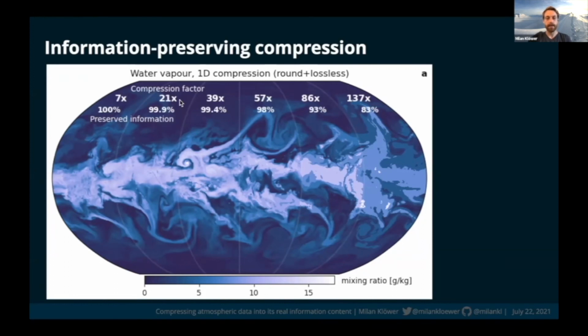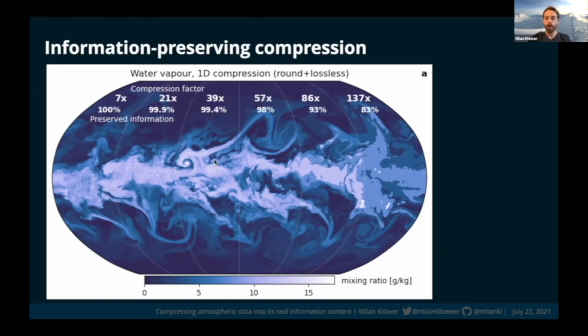You end up with a trade-off between size and information, and not precision, as I introduced in the beginning. You can look for one of these sweet spots. We usually find that throwing away 1% of information is a really good sweet spot, where you get a really big compression factor, but you retain most of the information.